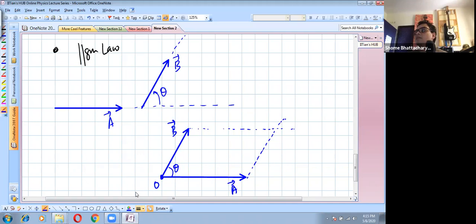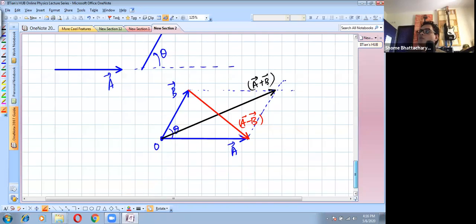In the vector parallelogram, we saw that the diagonal from the origin to the opposite corner is actually the sum, the vector A plus B. Whereas the diagonal pointing from the tip of B to the tip of A is nothing but the vector A minus B. So in this diagram I've captured both.